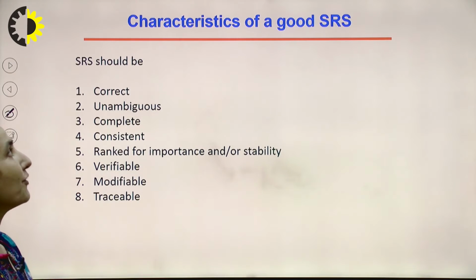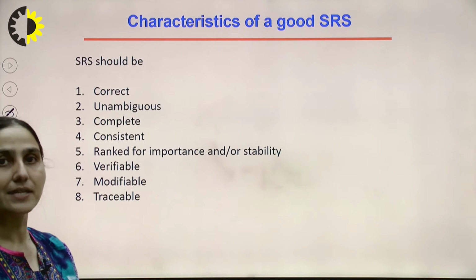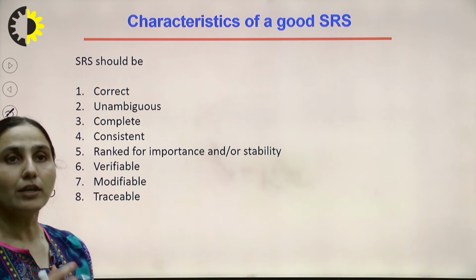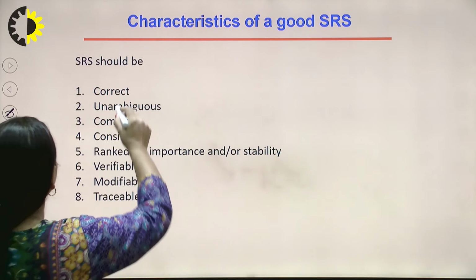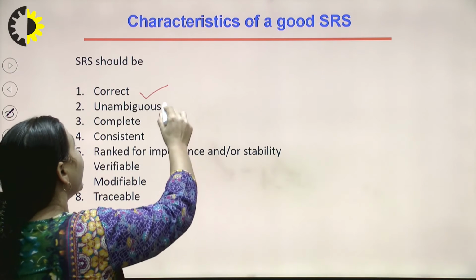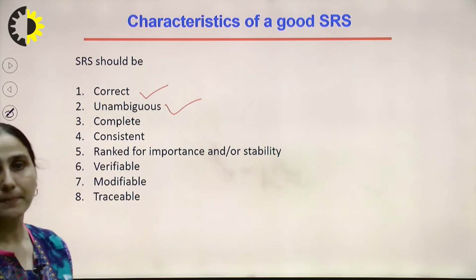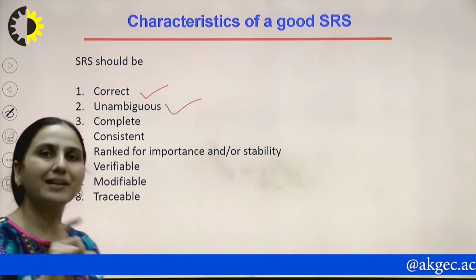So what are the different characteristics of a good SRS? When we are writing the SRS, what characteristics should it have? First, it should be correct. It should be unambiguous: one particular statement or terminology that we use should have a single meaning.